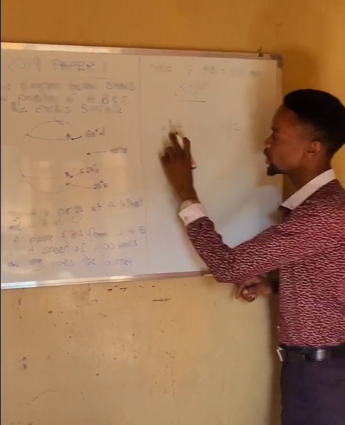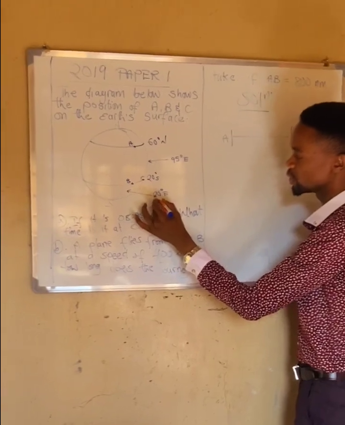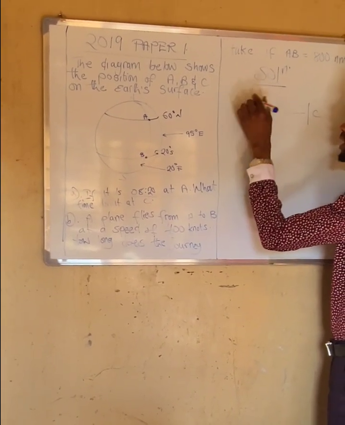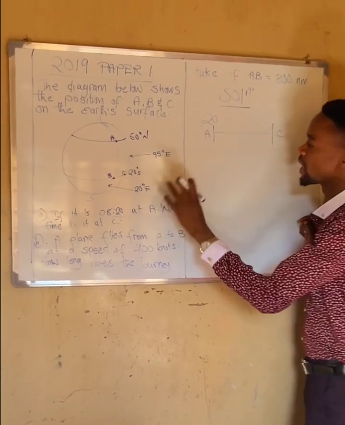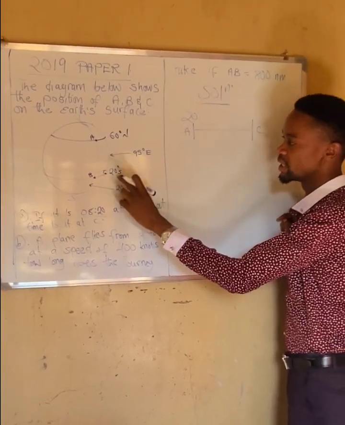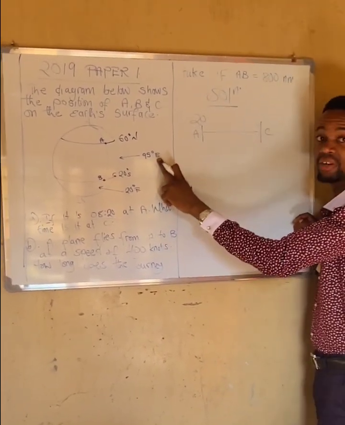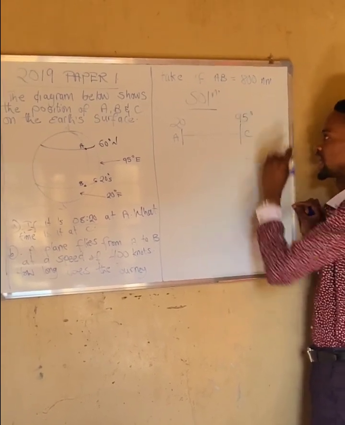So what's the longitude of point A? Point A is on longitude 20 degrees east. So this is 20. Just write the number, not the hemisphere. Then C is on longitude 95 degrees east. So I'll go ahead and write 95 there, like that.